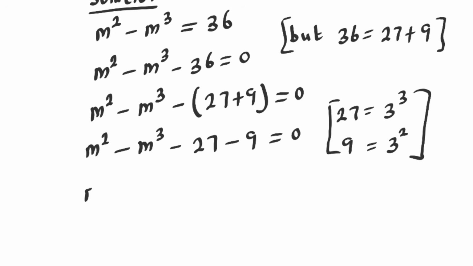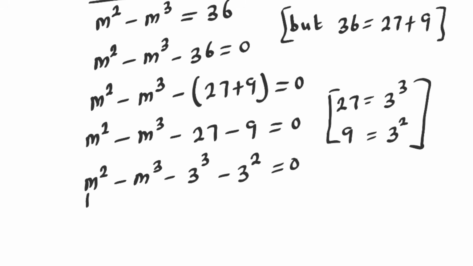This is m squared minus m raised to power 3 minus 3 raised to power 3 minus 3 square is equal to 0. Now let us pair this with this, and this with this.